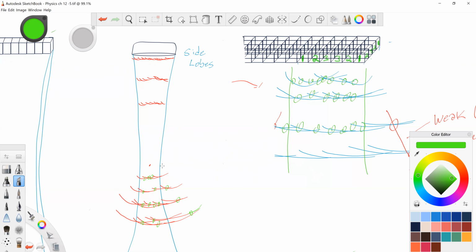And so at some point, a weak beam is produced, a side lobe beam.